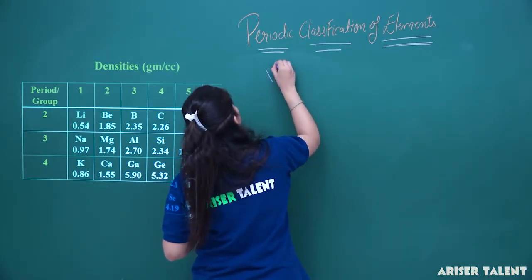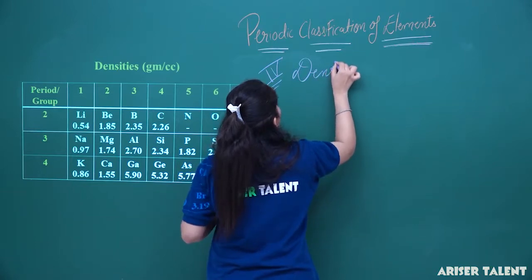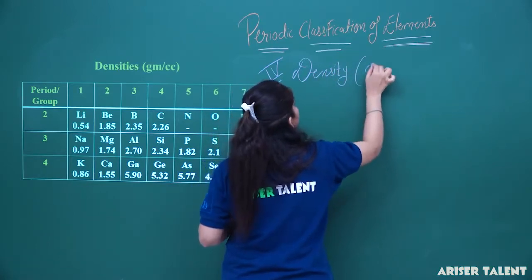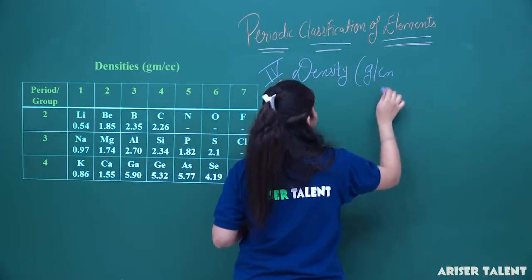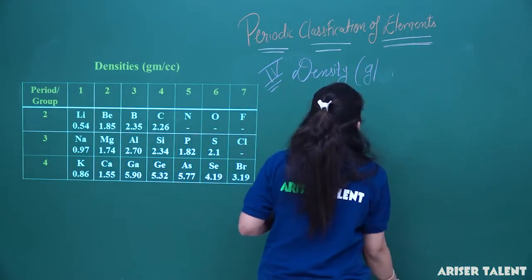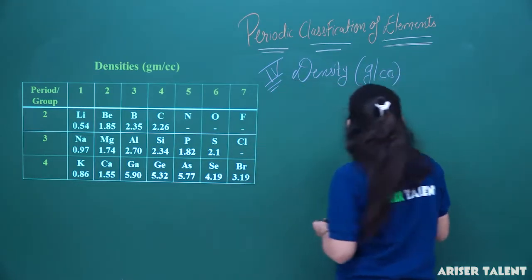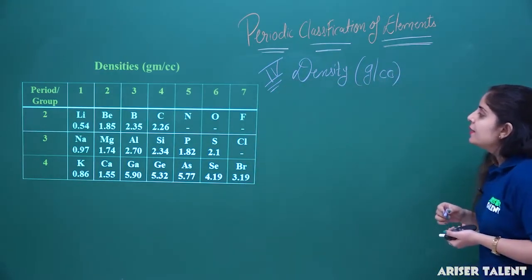The fourth category of classification will be density, and the basic unit for calculating density here will be gram per cc. And what is density? Density is basically mass upon volume. The mass per unit volume is known as density.